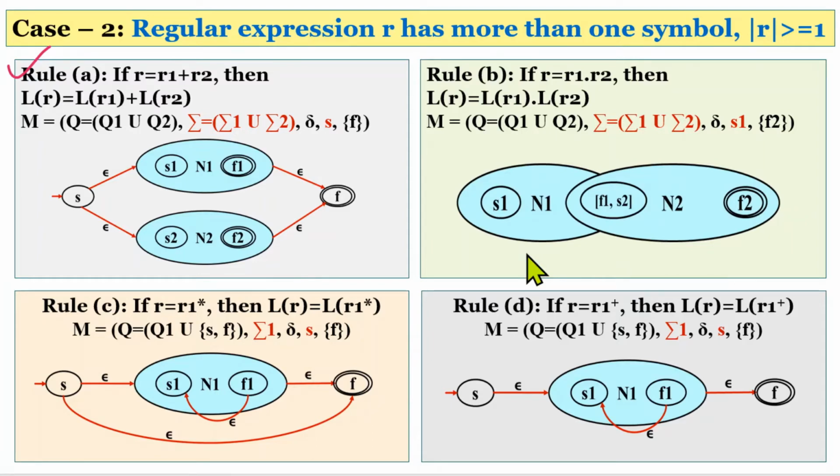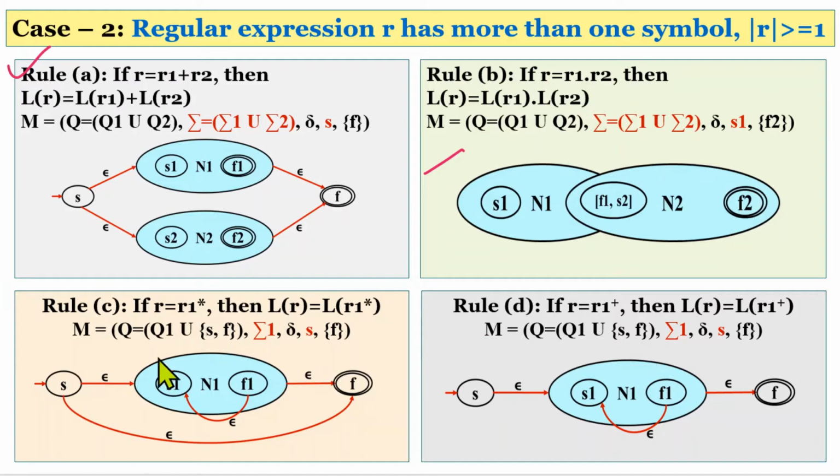where we have two sub expressions and combine them using concatenation, with N1 followed by N2, meaning the machine for regular expression 1 is followed by the machine for regular expression 2, and the language of the machine is the same as the language of the regular expression.